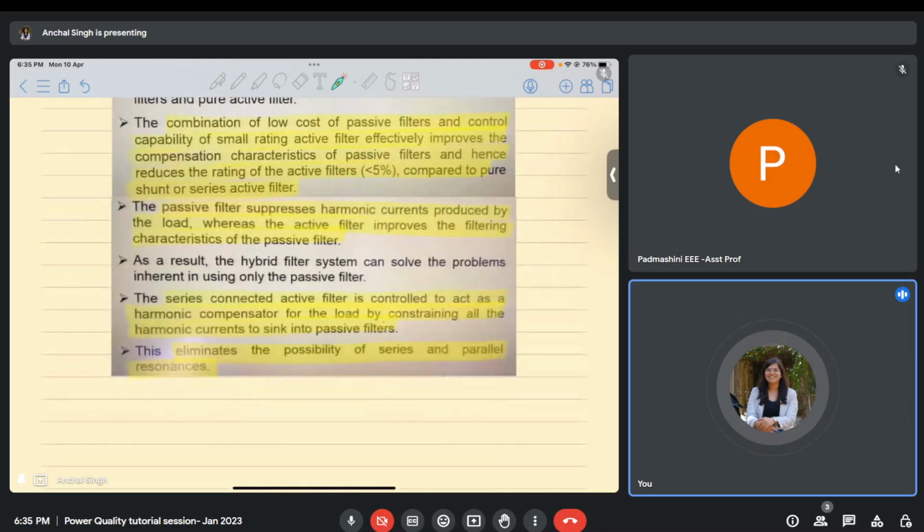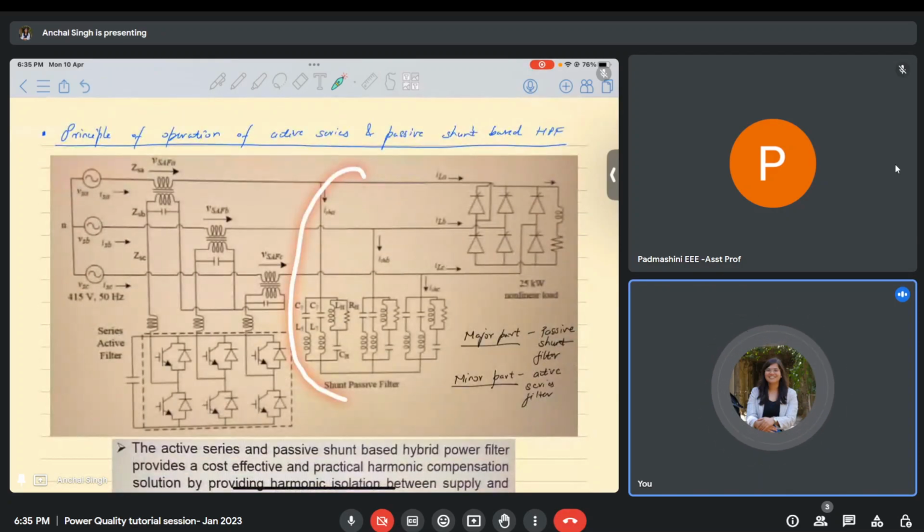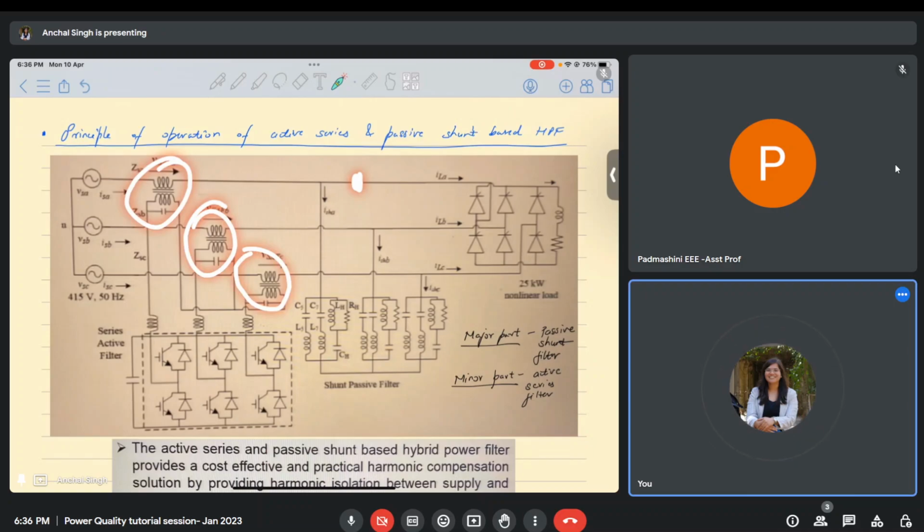The passive filter suppresses harmonic currents produced by the load, whereas the active filter improves the filtering characteristics. Again, the same logic. Because we know that in order for these shunt passive filters to work properly, we want the voltage at the point of common coupling to have harmonic components. And in order to make that voltage have harmonic components, these series filters will play a very big role.